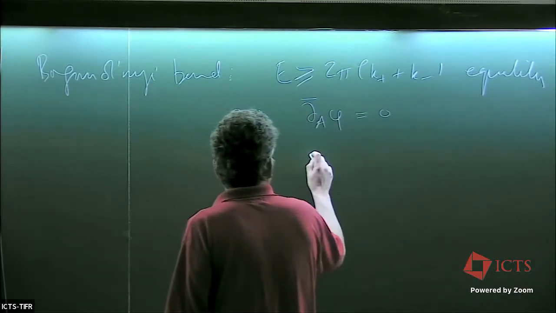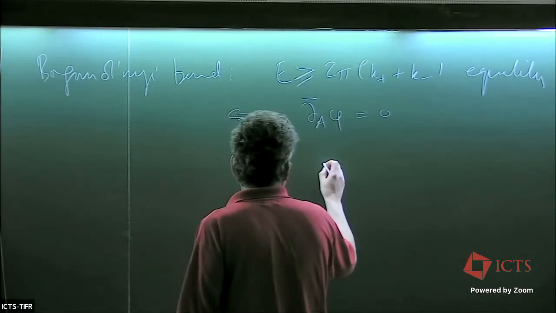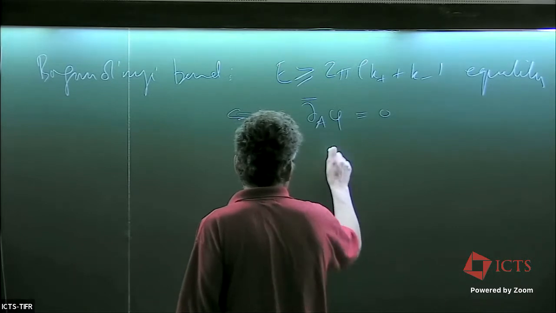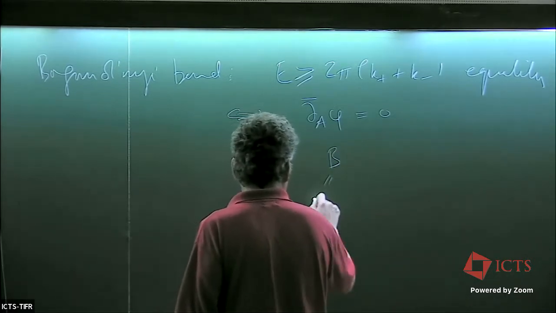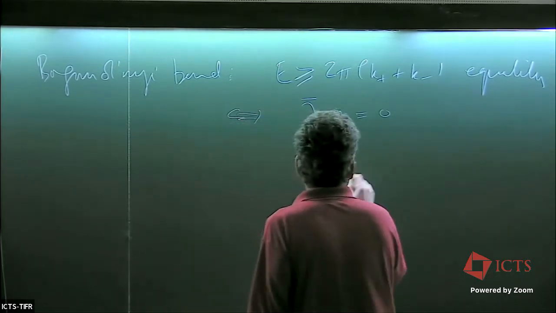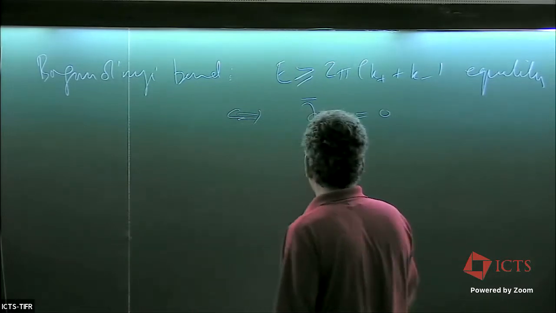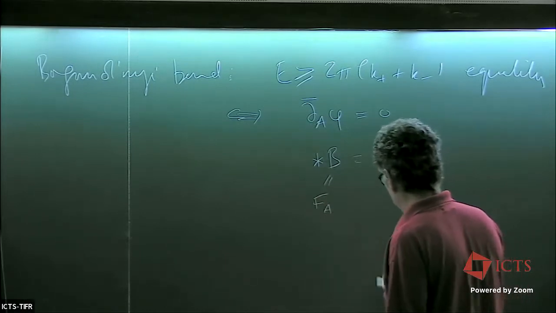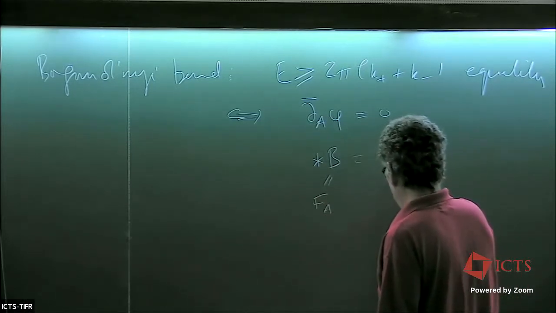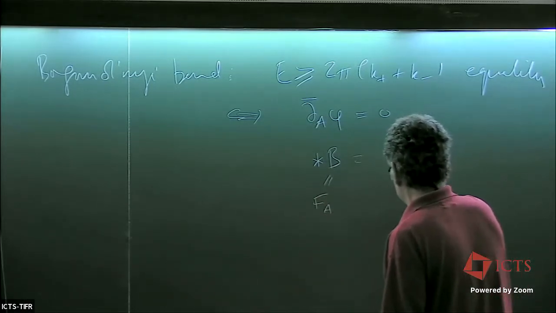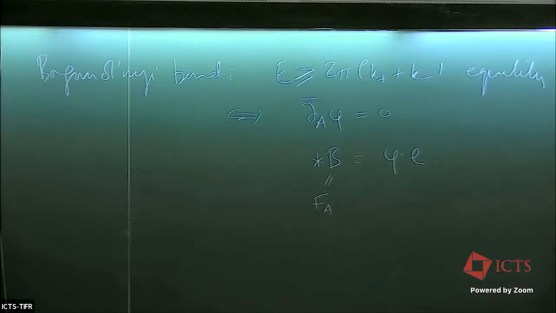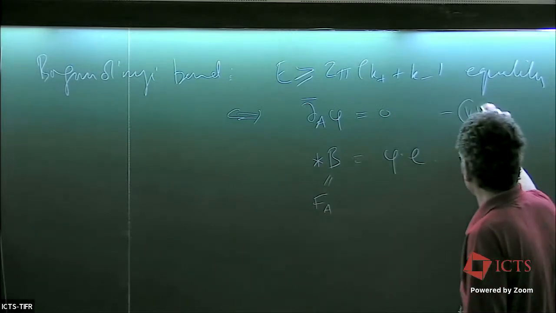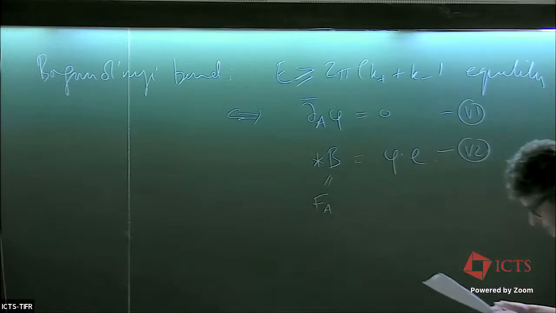And the curvature, let me call that B, magnetic field, is equal to the moment map. So I guess if I'm thinking of this as a 2-form, I should really say Hodge dual of that is equal to the moment map, which is just phi dot. Okay, so that's the first vortex equation. And that's the second vortex equation.